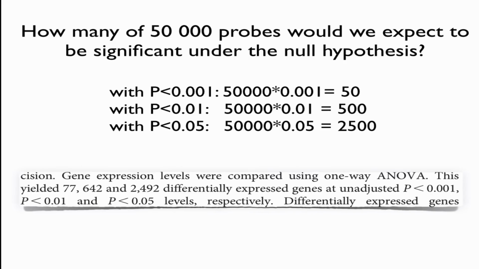And if you use a p-value threshold of 0.05, you'll find 2,500 probes that are differentially expressed. Now, if you compare that to the 2,492, you actually find fewer differentially expressed genes than you would expect just by chance. So this is obviously something that's flawed in this study.